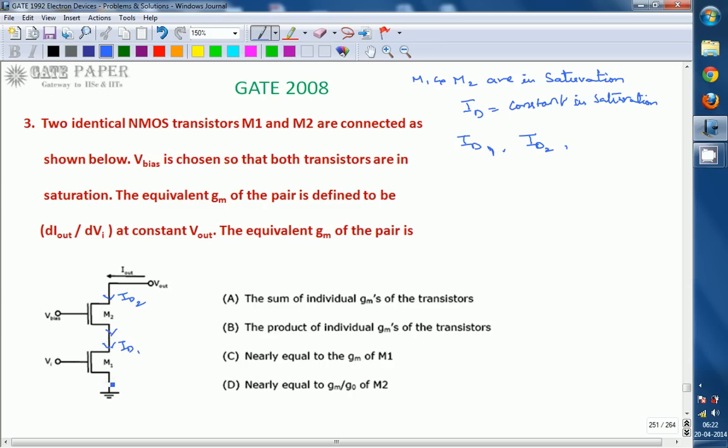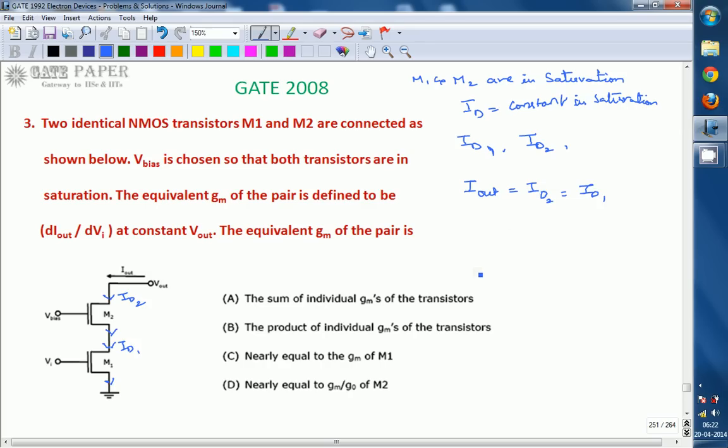So the drain current of M1 is the source current of M1. From this diagram, you can write Iout = ID2 = ID1. Iout is the current flowing in the drain of M2, which equals ID2. The same current also flows in M1, so it equals ID1 also.